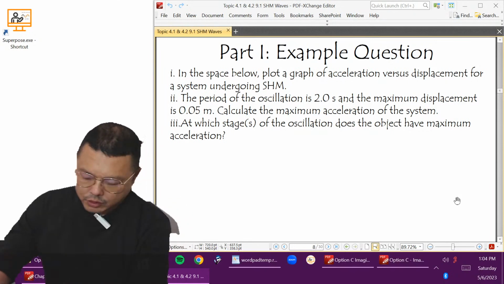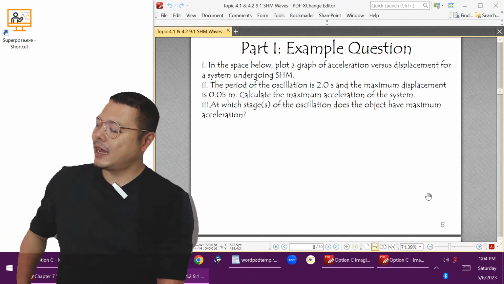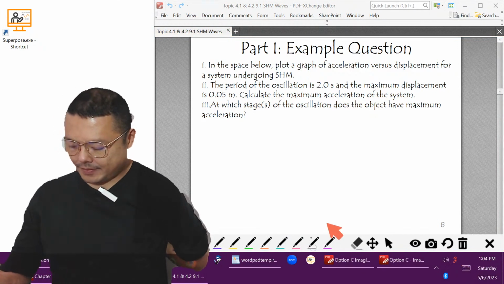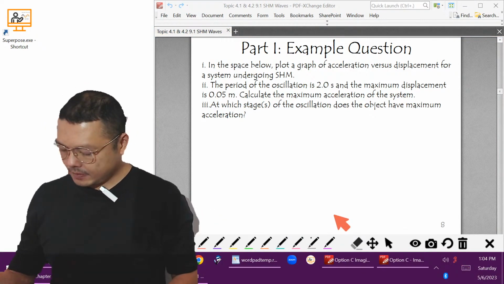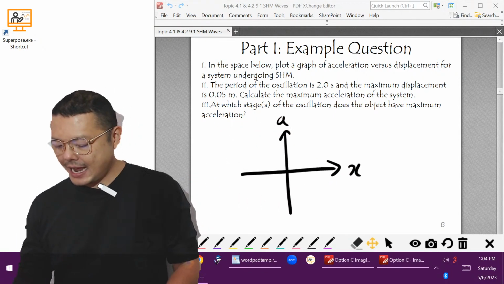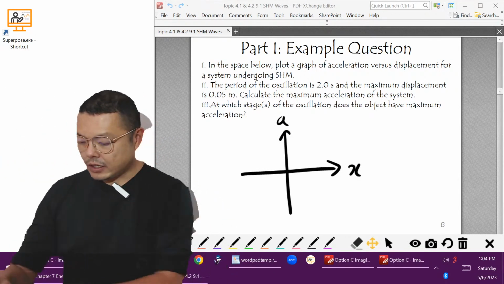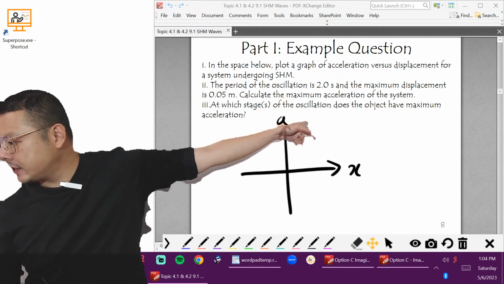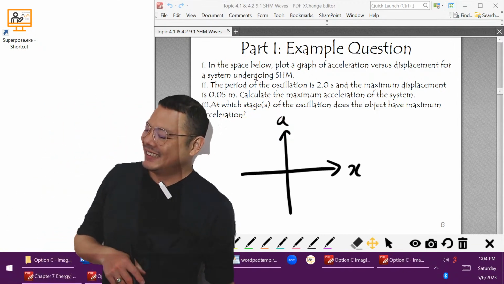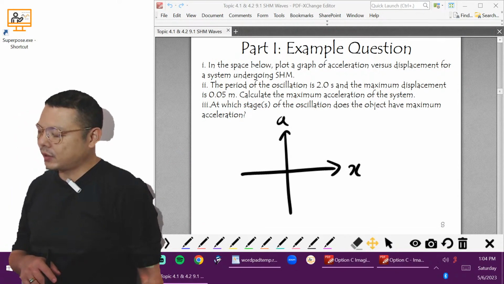You're supposed to draw a graph of acceleration versus displacement based on that equation, a = negative omega squared x. Just draw an a-x graph on the left side.